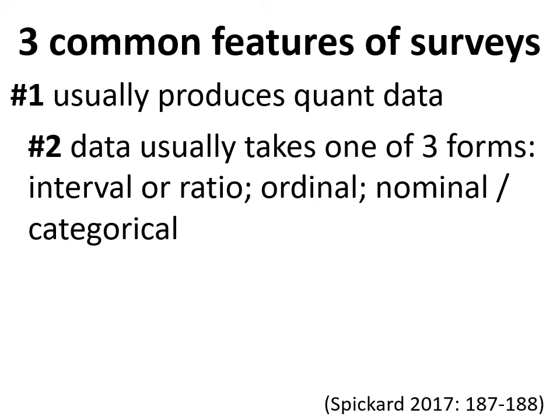It may well also be that some of the data you collect are nominal, which Spickard annoyingly refers to as categorical data, even though a lot of people would argue that categorical data includes ordinal data, but we're not going to go there. So nominal data might be data about citizenship or ethnicity or racial category or something along those lines, right? So it's an unrankable answer.